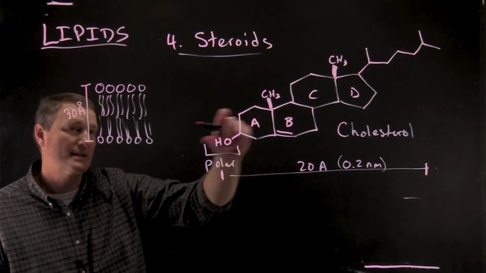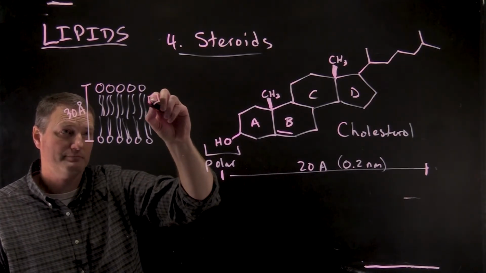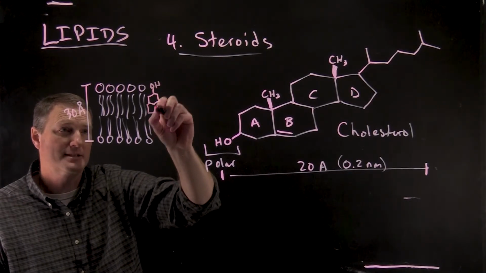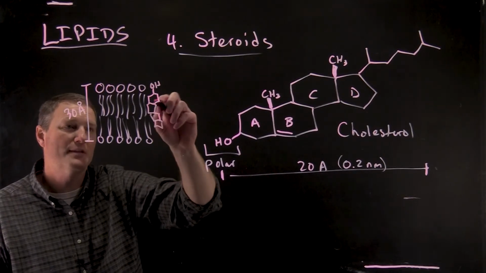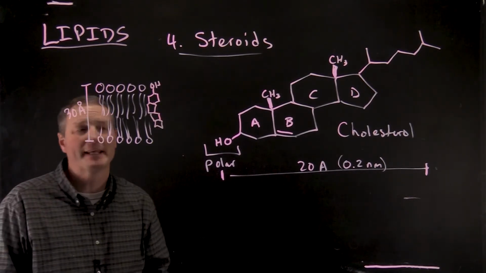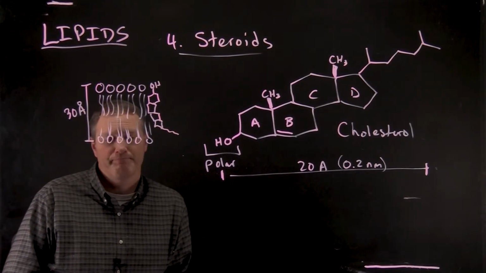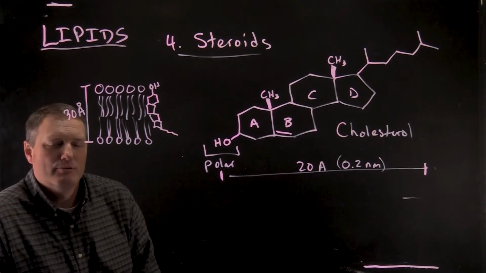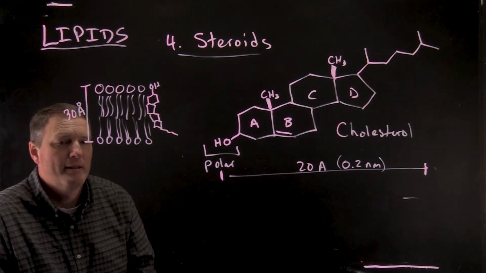So envision now one of these cholesterols sitting in there with our OH up here, and then we've got our other ring systems here. This isn't a very good drawing, but envision now we've got these 4 ring systems embedded into our lipid membrane. One of the main roles of cholesterol is actually to modulate and adjust the fluidity of a membrane.